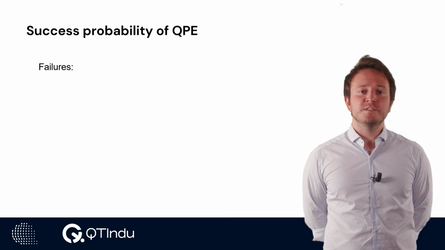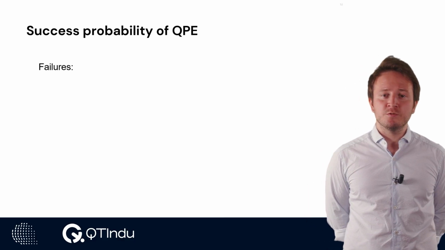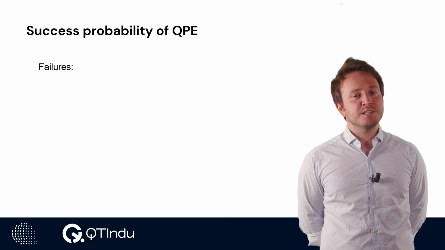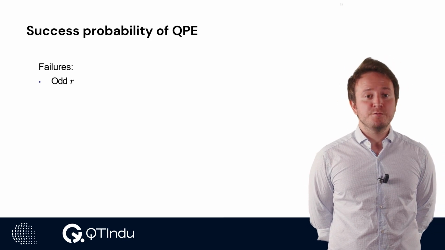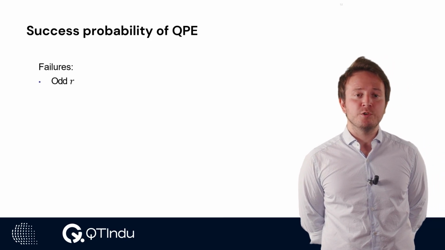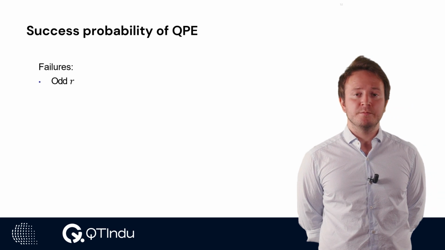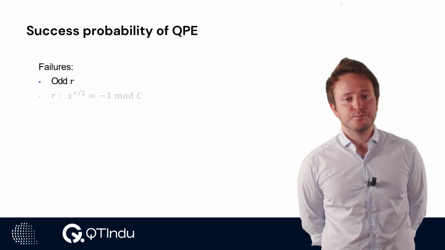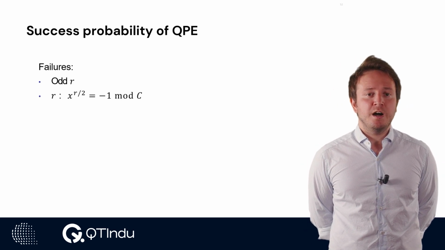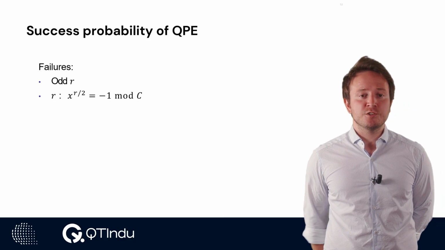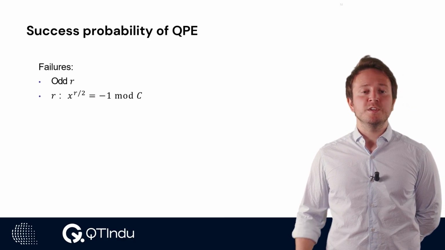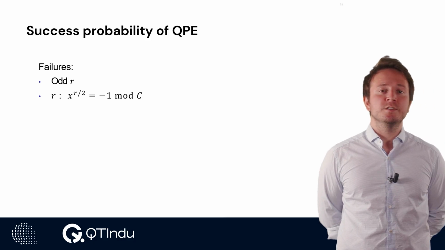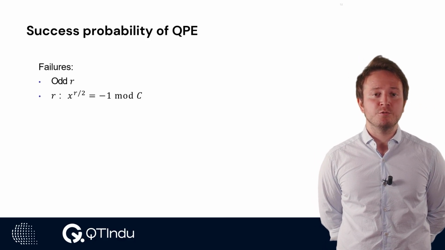So let's see now what is the success probability of the quantum phase estimation. Now, there are several reasons why this algorithm could fail. In particular, if we extract an odd value of the order r, then we need to repeat the procedure. If r is such that x to the power r/2 is equal to -1 modulo c, we also need to repeat the procedure and call it a failure.